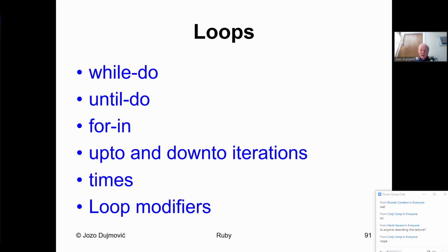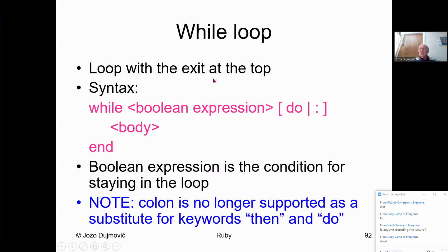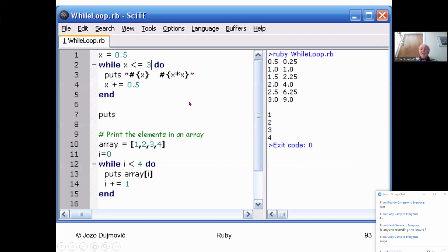Now we have loops, and we will start with the while loop, which is identical to the while loop in all other languages. So while Boolean expression, do body end. You can omit this do if you want, don't use this colon. So while Boolean expression, perform body, and here is an example.